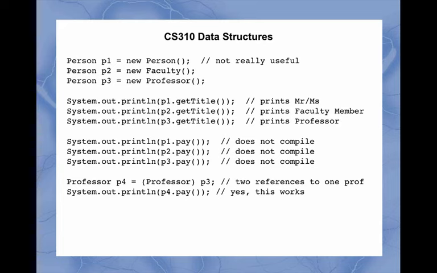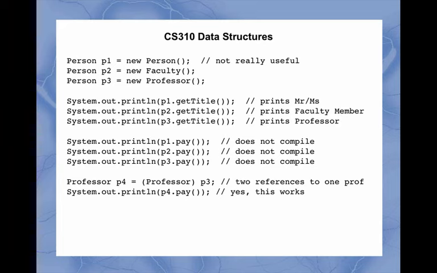Some assignment statements to look at here. Person p1 equals new Person. Well, we can do this, but it's not really useful. We generally want to instantiate more specific people, more specific instances of Person. So I can say Person p2 equals new Faculty, Person p3 equals new Professor. Now we can do this because Person is a superclass.